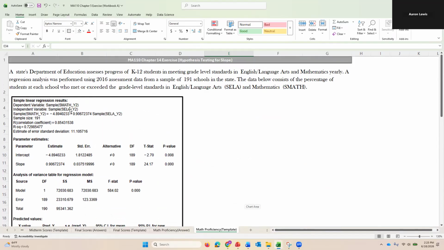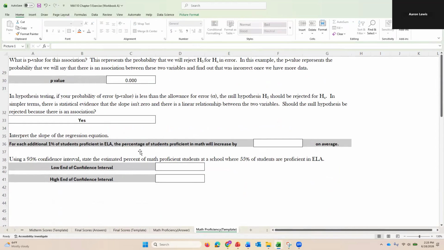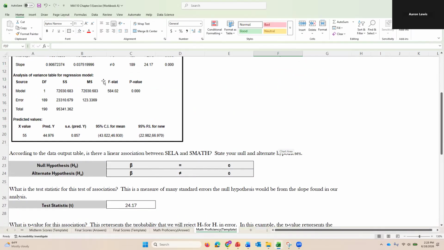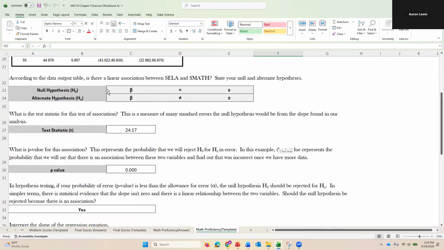Dependent variable is math. This is ELA. So how much math scores are going to increase for every additional percentage point that ELA scores go up. So down here, we can say that for each additional 1% of students that are proficient in ELA, the percentage of students that are proficient in math should increase by 0.907%, our slope right here on average.